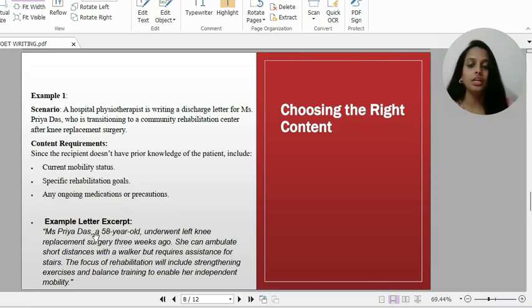Ms. Priyadas, a 58-year-old, underwent left knee replacement surgery 3 weeks ago. She can ambulate short distances with a walker but requires assistance for stairs. The focus of rehabilitation will include strengthening exercises and balance training to enable her independent mobility. So this is an example.